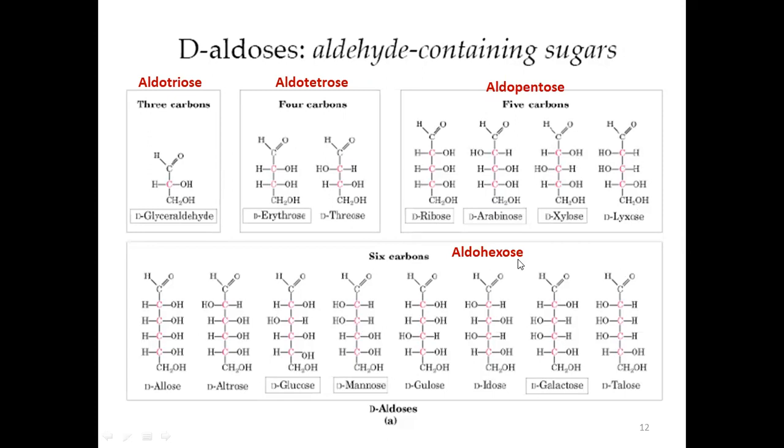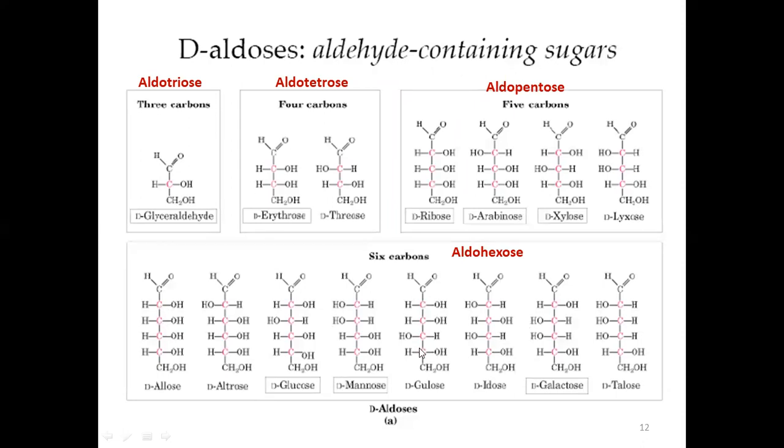And then you have the aldohexoses. You have the allose, altrose, glucose, mannose, gulose, idose, galactose, and talose. You notice that they all contain 1, 2, 3, 4, 5, 6 carbons, an aldehyde on top, and CH2OH, of course, at the bottom, and CHOH in between.